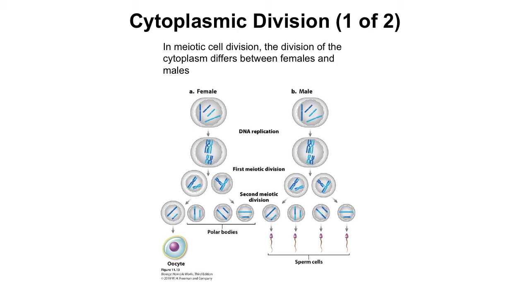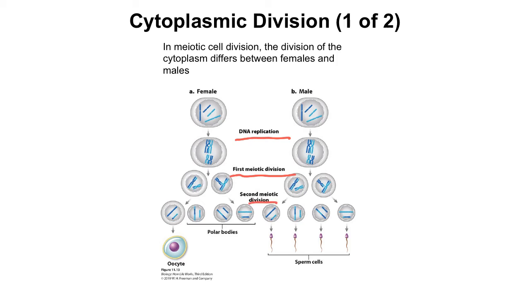First off, if you compare those critical stages of the process of meiotic cell division in both female and male, before meiotic cell division happens, the DNA, of course, replicates. That's identical. They go through essentially the same mechanisms of meiosis I, the first meiotic division, and then the second meiotic division.